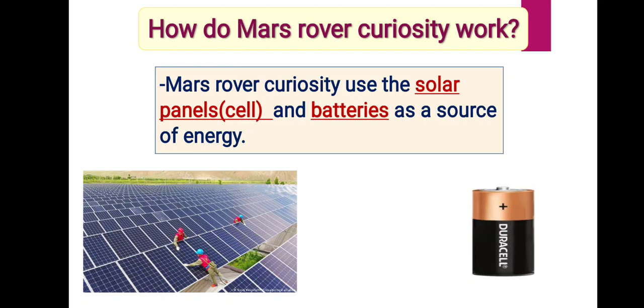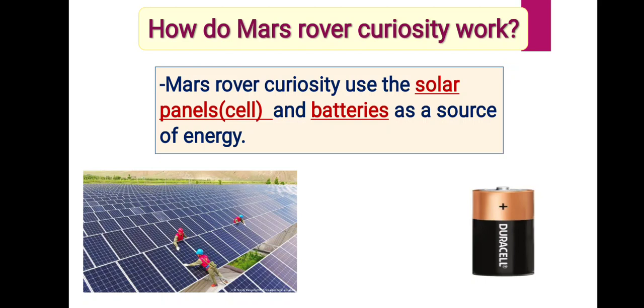So one more time, source number one in the Mars rover Curiosity, which helps it to move, is the solar panels. The solar panels take the solar energy from the sun and change it into electrical energy.